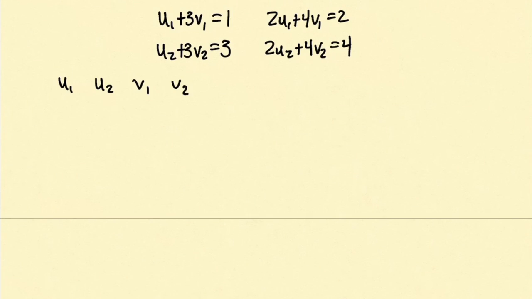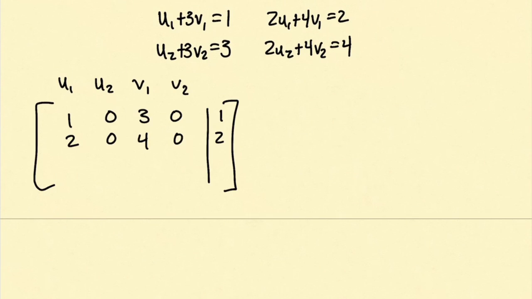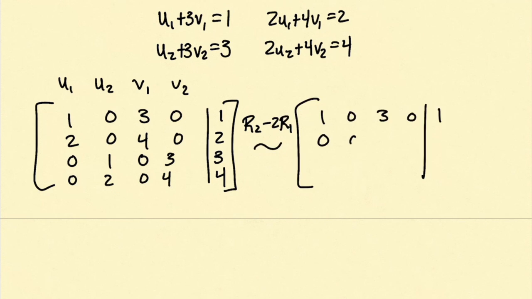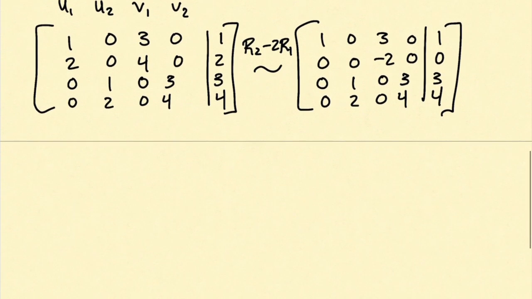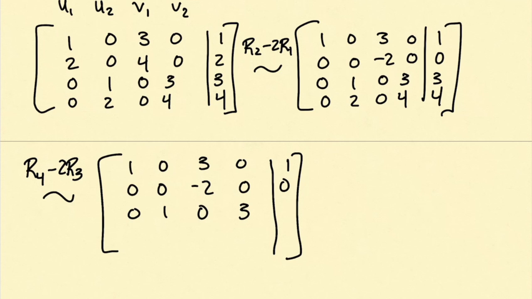We can translate this into the following augmented matrix. We can put this into reduced row echelon form by first subtracting twice row 1 from row 2. Next, we can subtract twice row 3 from row 4. We can interchange rows 2 and 3.